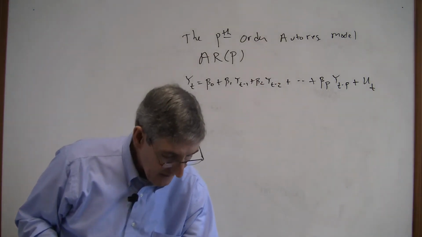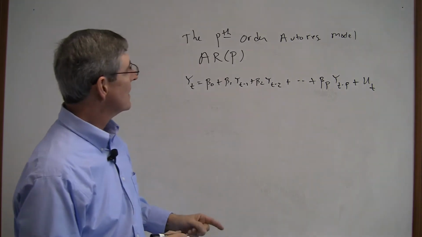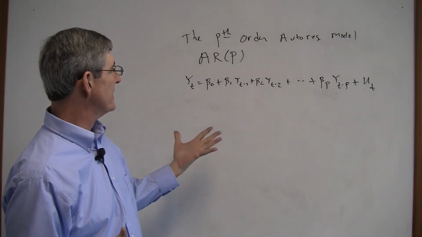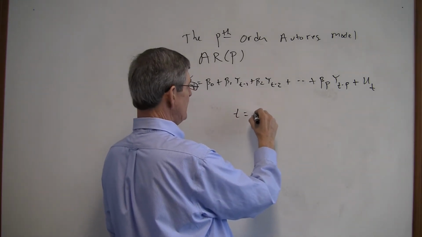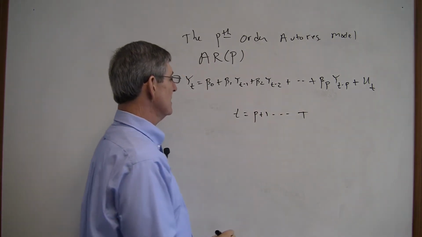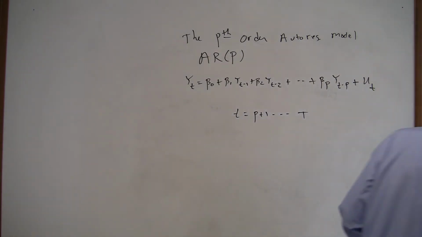Because we're using p lags, we're going to lose p observations, so this would be from t equals p plus 1 up to t for our data set, because you lose those first p observations.